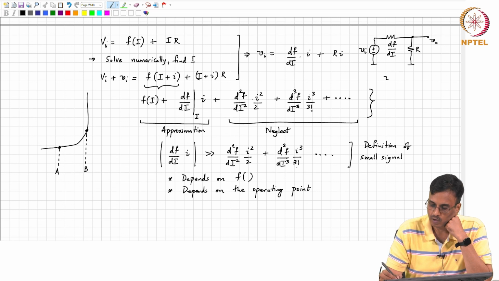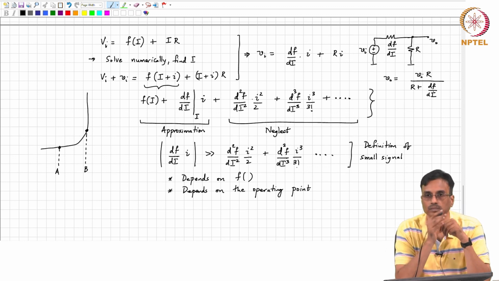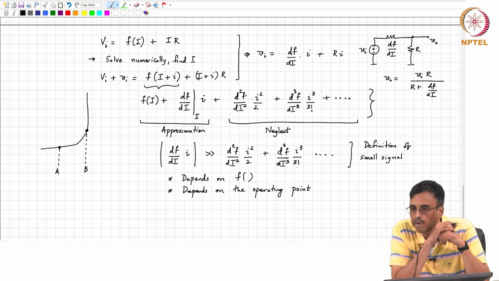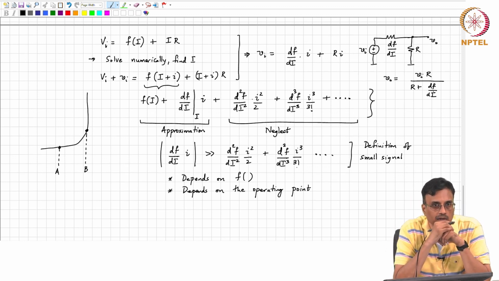Therefore small vo is nothing but vi times capital R by capital R plus df over di. Does it make sense, people?